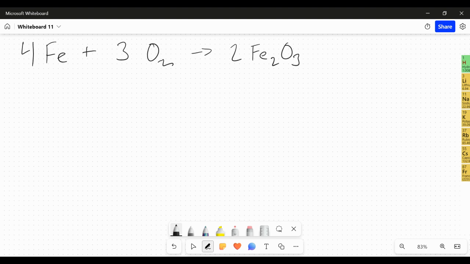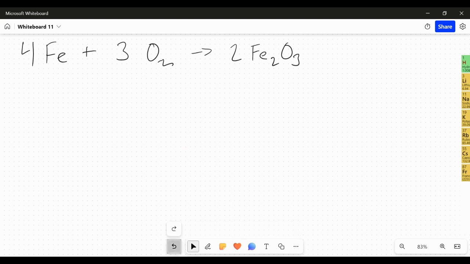Now, in this reaction, we have coefficients, okay? And these coefficients represent how many moles of each respective substance are participating in the reaction. So, in this reaction, we have 4 moles of iron reacting with 3 moles of oxygen to form 2 moles of iron oxide.